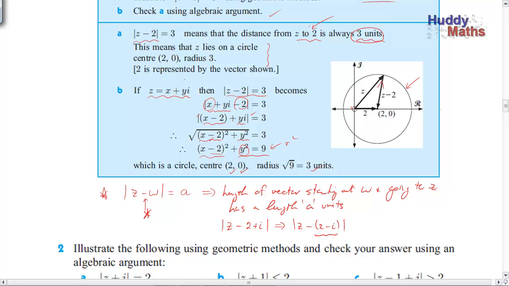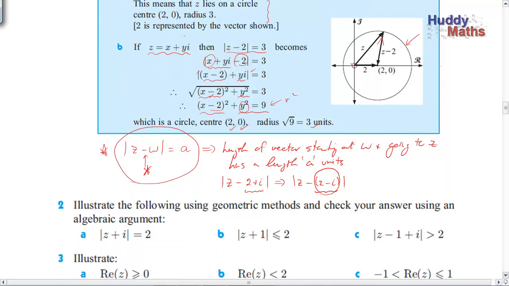It's minus the whole point from which the vector is emanating. So you have to take a negative 1 out of this. Please make sure that this result you understand perfectly as being the length of the vector z take w, starting at w and going to z there. Okay. Are you ready? Here's some for you.